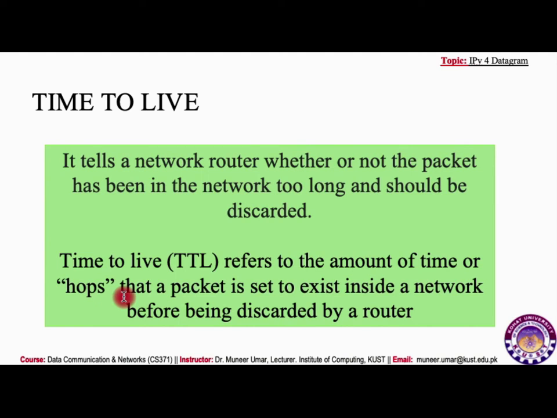Time to live, or TTL, refers to the amount of time or hops that a packet is set to exist inside a network before being discarded by the router. Each packet in the network is set with a life. So in case that life expires, then that packet would be discarded or dropped by the router.